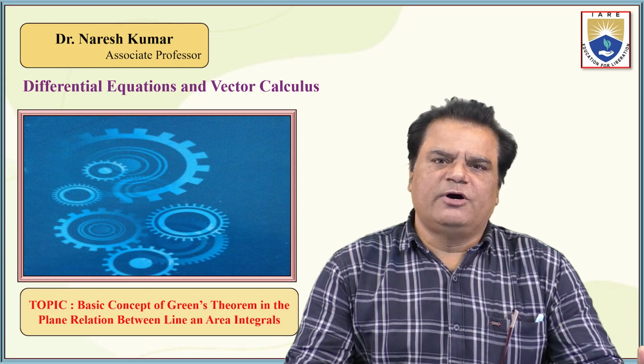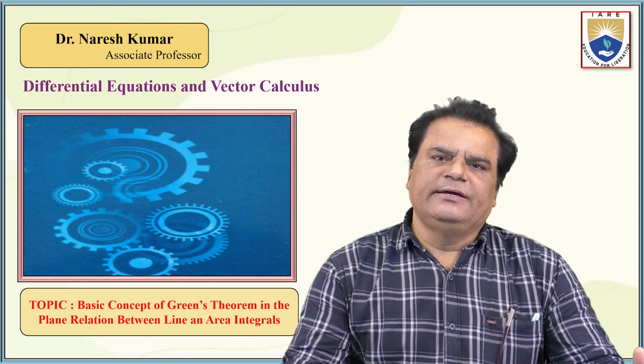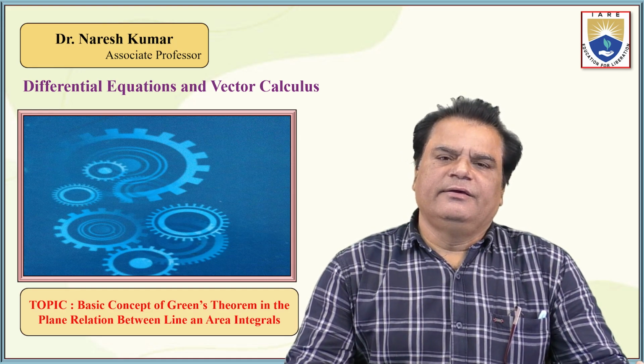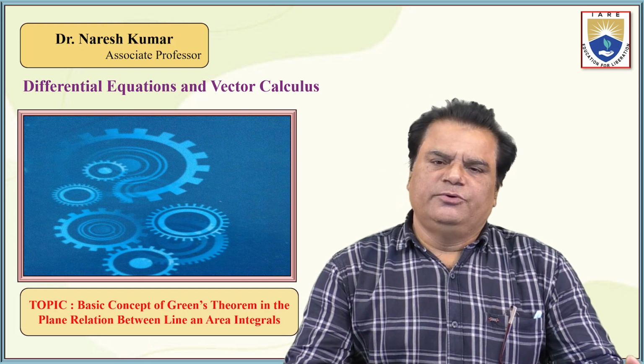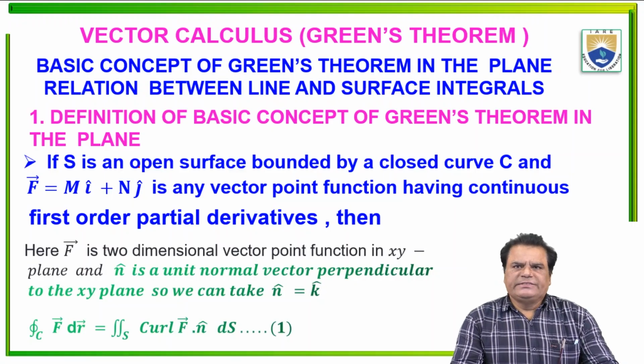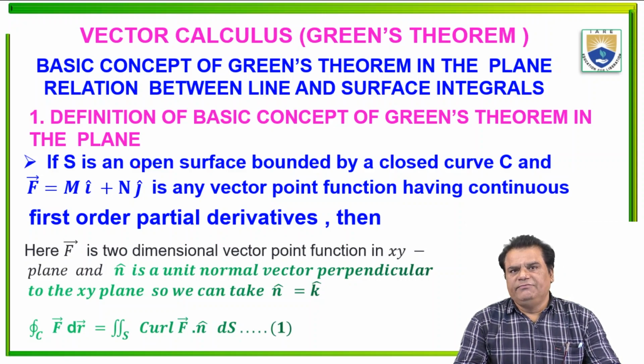Green is the name of the mathematician who gave the concept of line integral equal to area integral, and this formula is very useful to solve problems. So the basic concept of Green's theorem in the plane is given.